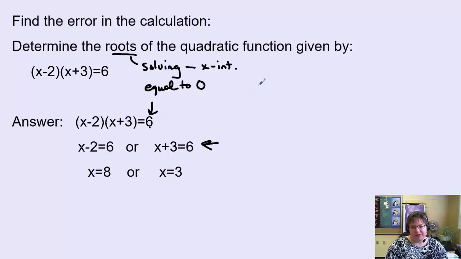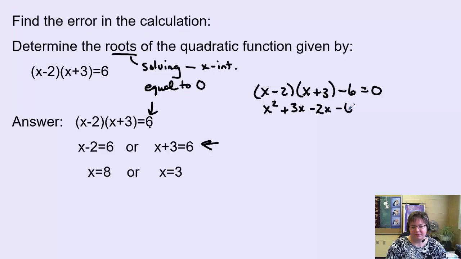So what needed to happen first is you needed to move the 6 over and set it equal to 0. Then you have to work out the brackets and simplify.